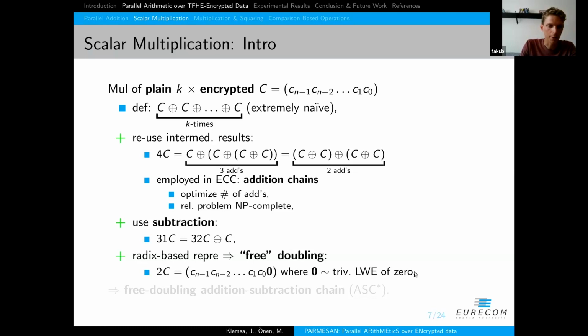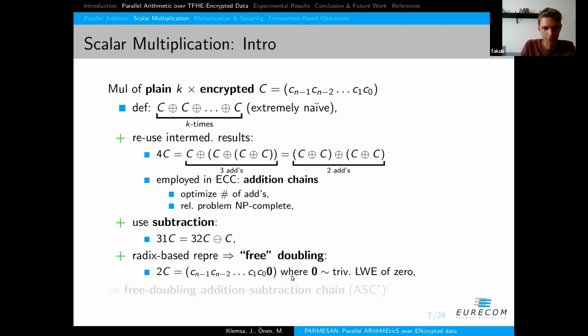And the new thing we have is that in the radix-based representation, we have another feature on top, which is free doubling. Basically, if we want to take a double of some encrypted value c, we might just shift this to the left, adding a trivial LWE sample of 0, trivial unencrypted 0 on the right.